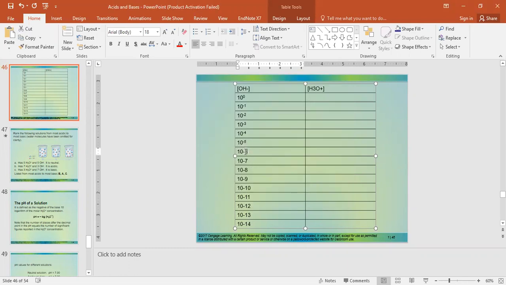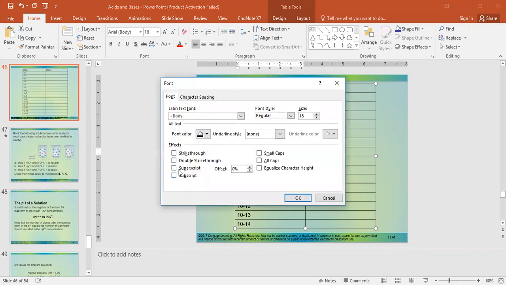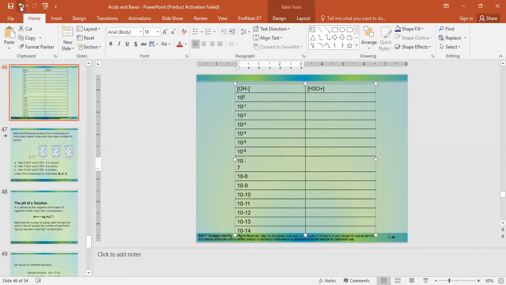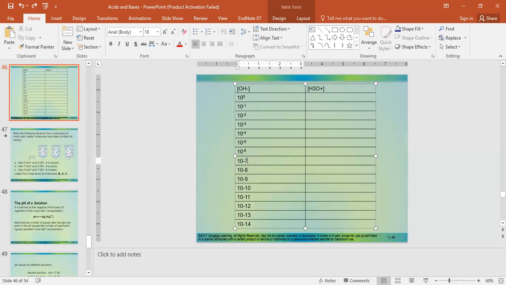Here below, there's something written format painter. No, on the side. Up. Yes, this one.